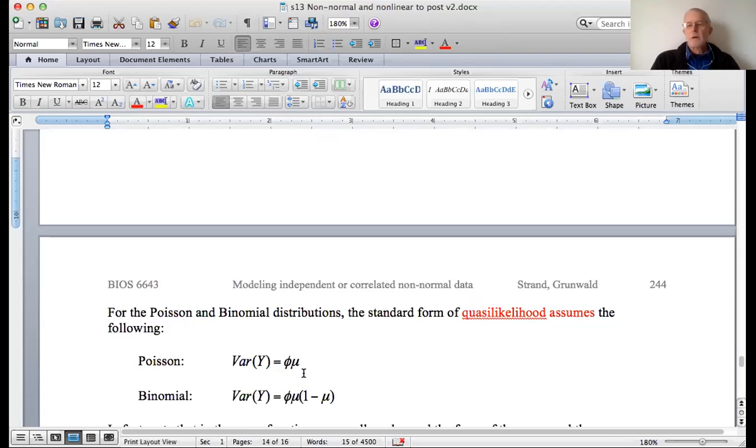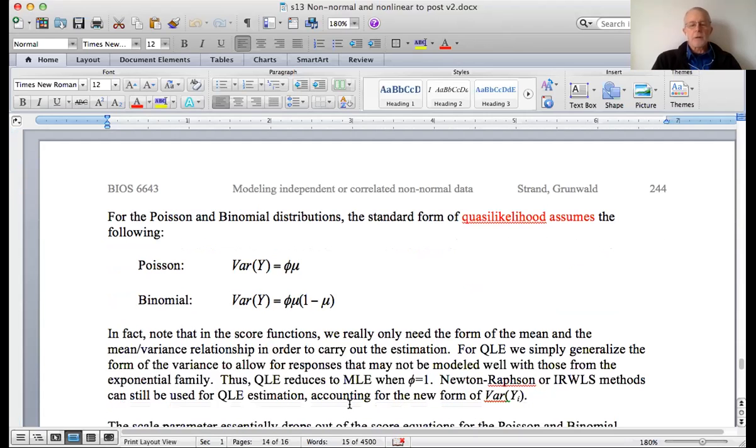Well, it turns out it's not that it goes wrong. It's just they do have to do some extra work. It turns out there aren't really probability distributions with these properties. So in other words, if you say, I want a Poisson distribution with mean mu and variance phi times mu, well, you're out of luck, right? The Poisson distribution has mean mu.